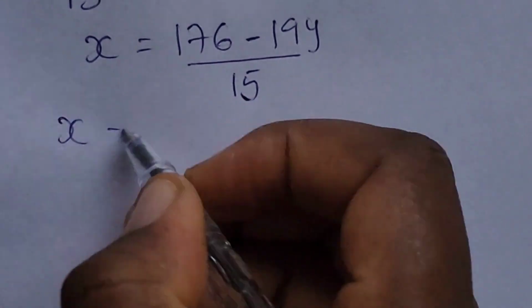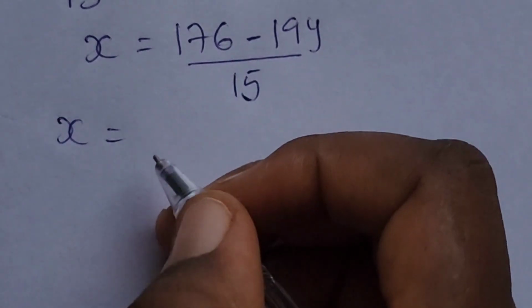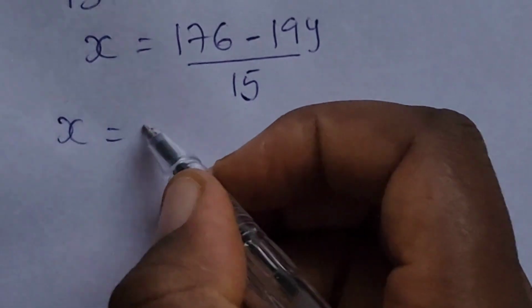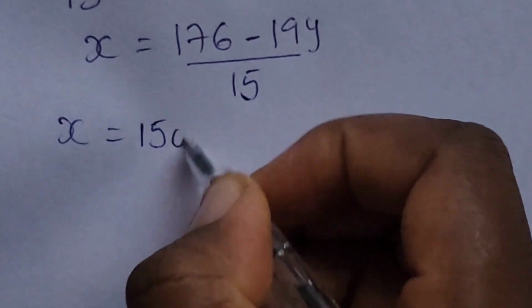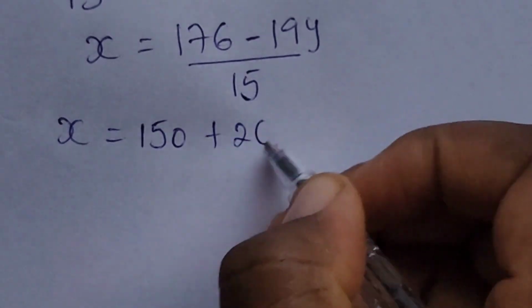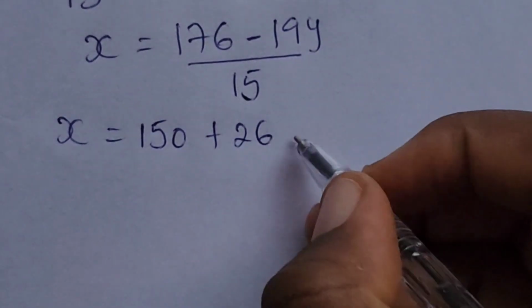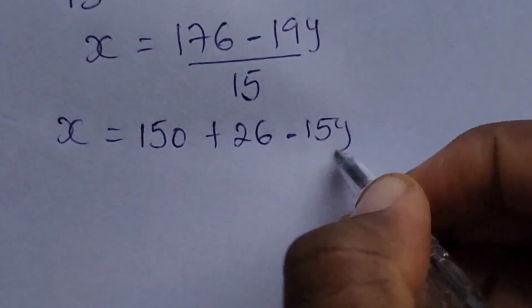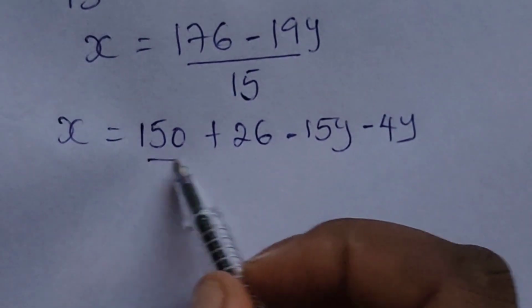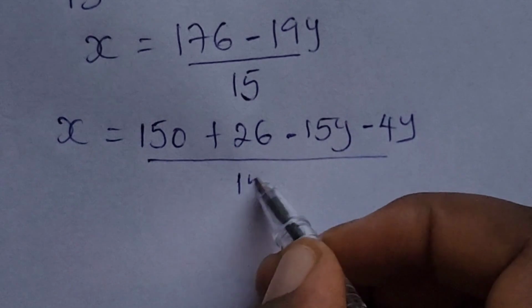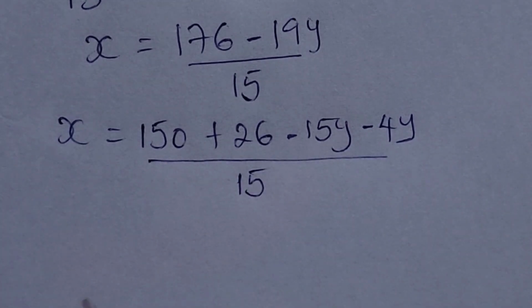So we have x equal to our 176. We can split it into 2 to have 150 plus 26, and our 19y is the same as 15y plus 4y, so minus 15y minus 4y, all over 15.